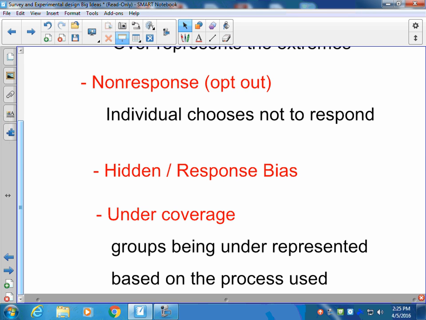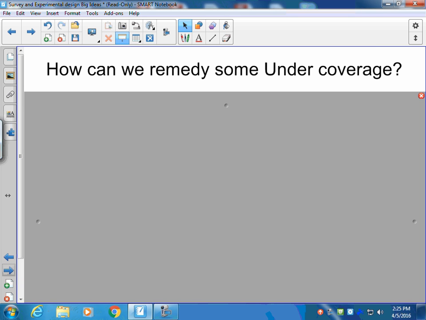Okay, so a simple random sample can introduce bias because if we're sampling 100 seniors from MHS, there's a chance that all 100 could be seniors. Okay, a simple random sample could do that, and we just want to understand that that could be an undercoverage situation.